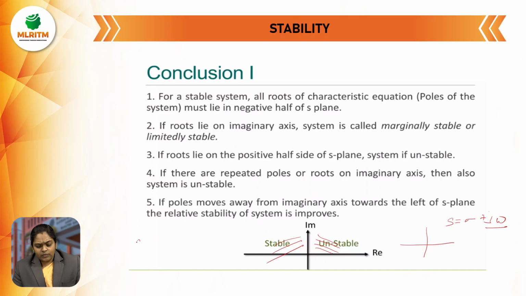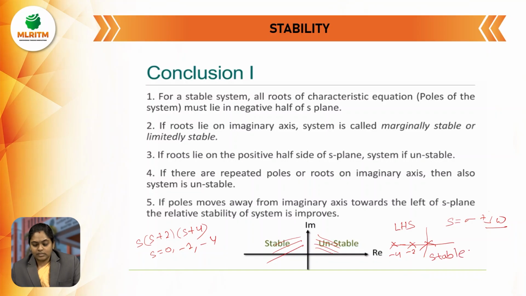The characteristic equation is s into s plus 2 into s plus 4. In this case, there are three poles, present at 0, minus 2, and minus 4. As all three poles are present in the left half of the S plane, this system is said to be a stable system.